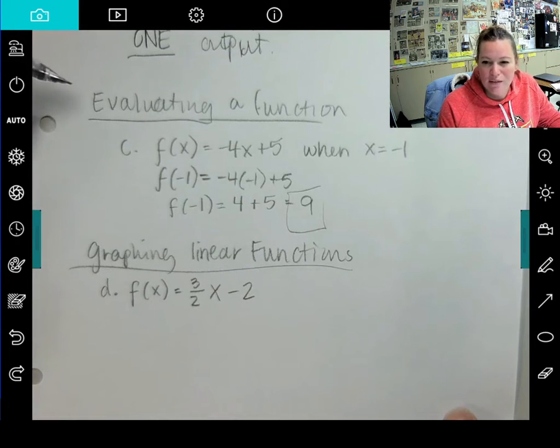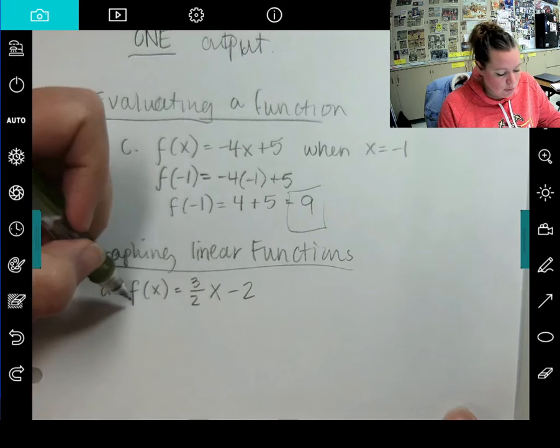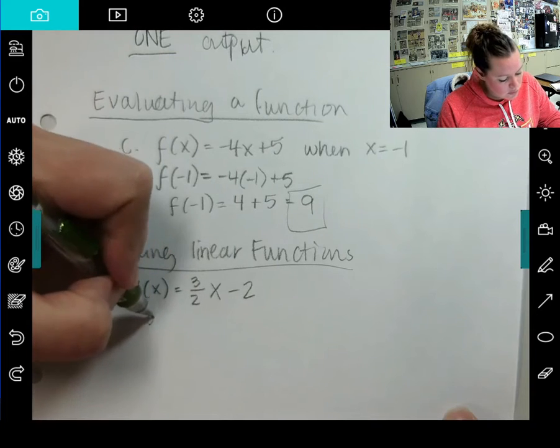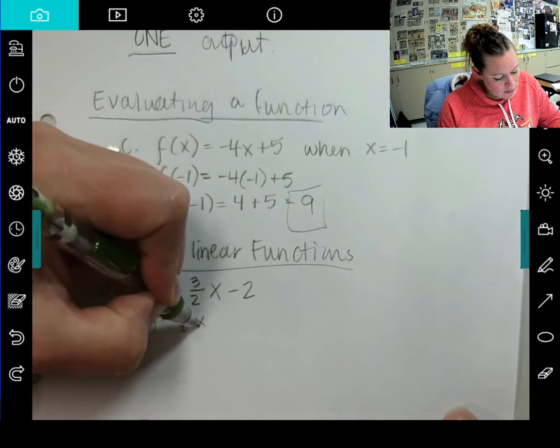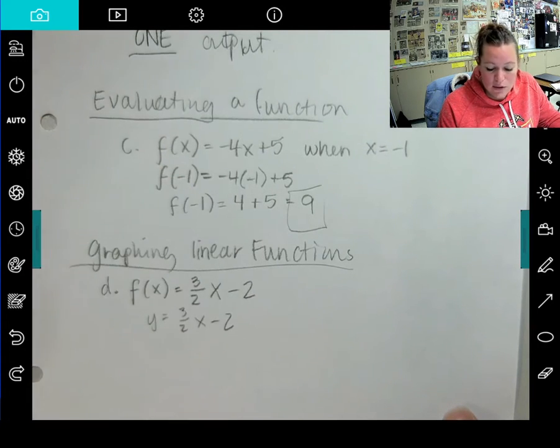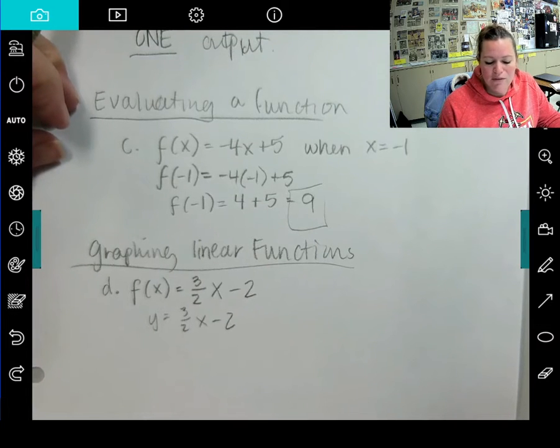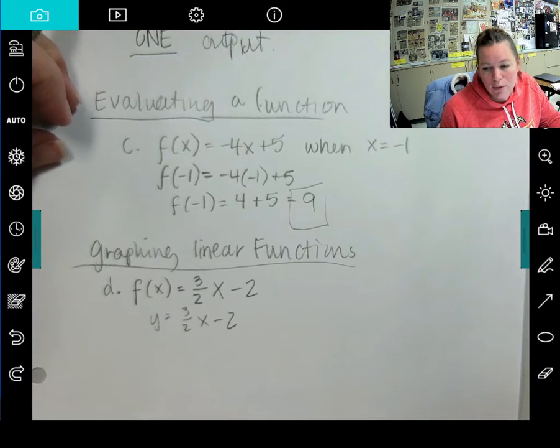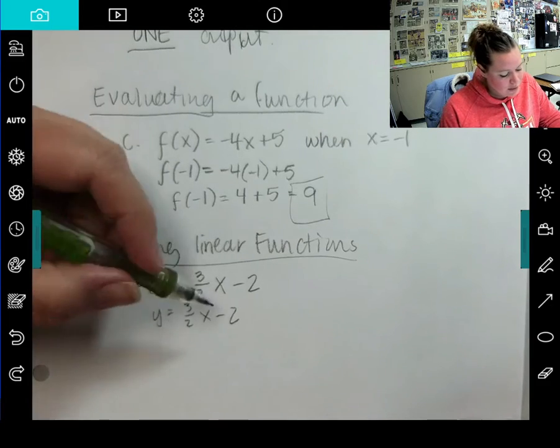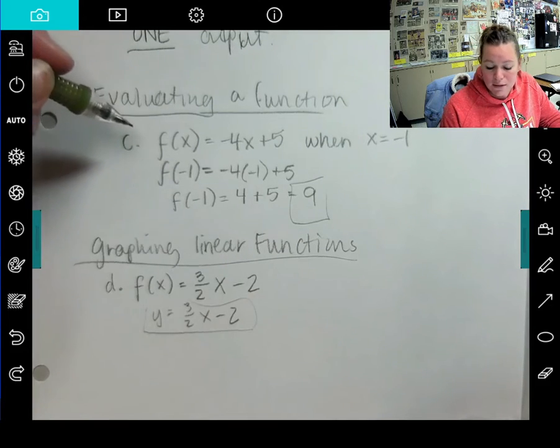If we think of our f of x function as just a standard linear equation, y equals 3 over 2x minus 2, it's hopefully going to feel a little more comfortable to graph something that looks familiar to us.